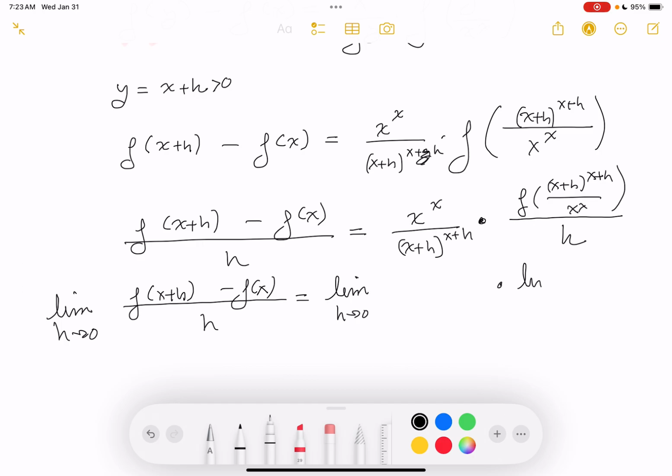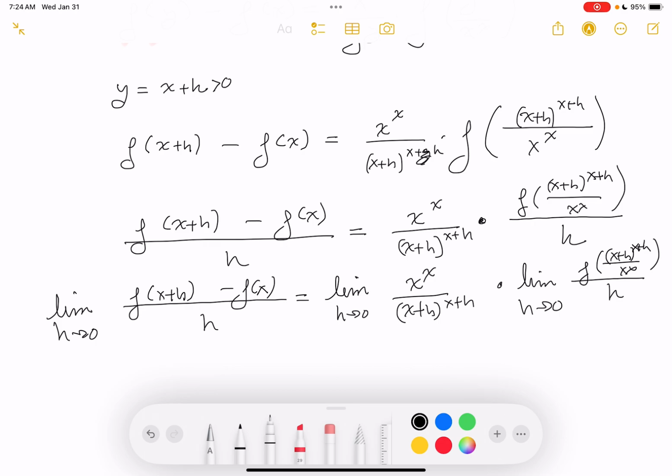So the limit as h goes to 0 of x to the x times x plus h to the x plus h over x to the x, and you get h in the bottom there.